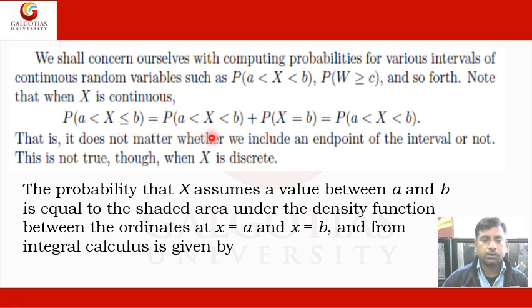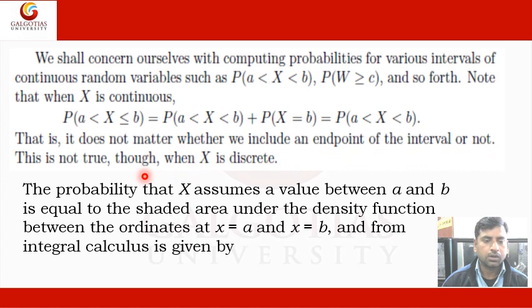This also equals P(a < x < b) plus P(x = b), which is the same value, because the probability at one point is 0. So it does not matter whether we include the endpoints of an interval or not.